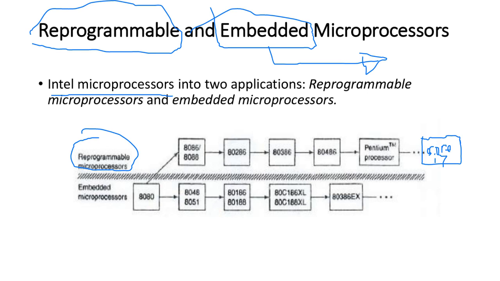Their series is 8080, 8051, which is mostly used in most Arduino and many types of microcontroller, then 80186, 80188, and so on. So you understand what is called reprogrammable and what is called embedded application. Is it okay? Do you understand? Clear?